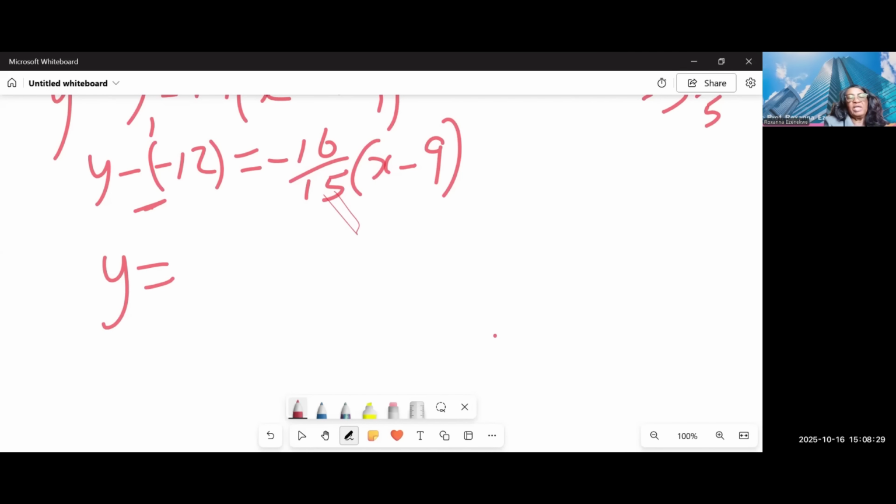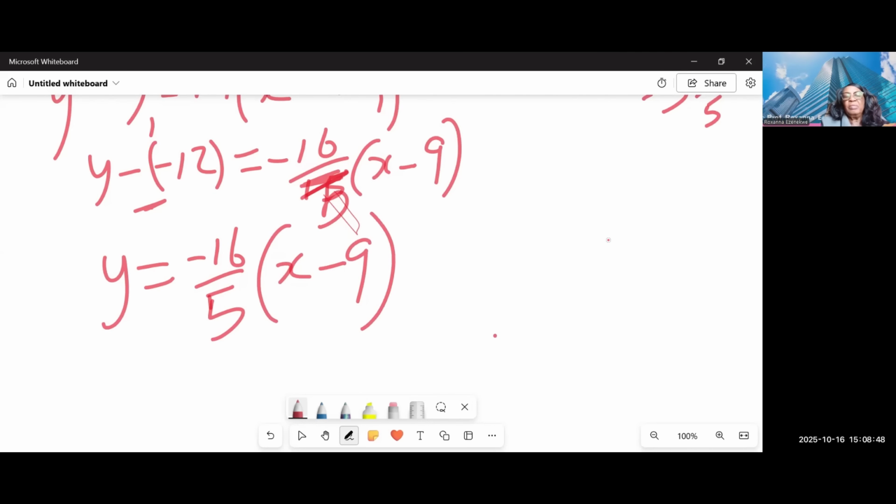So I'll have negative 16 over 5, sorry, it's over 5, times x minus 9. Because this is positive 12 on the left-hand side, it's going to be negative 12 on the right-hand side.